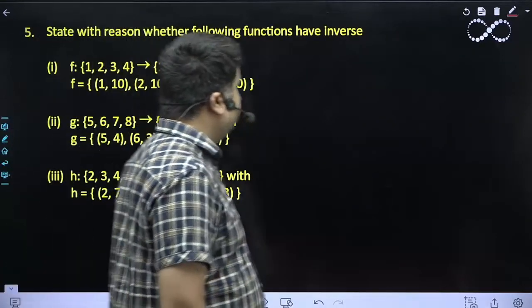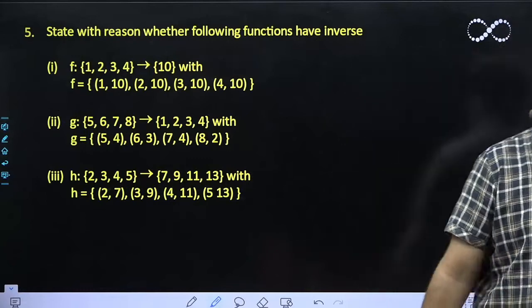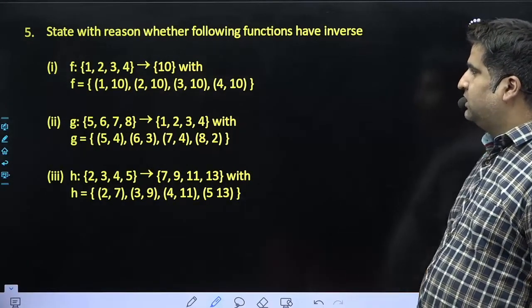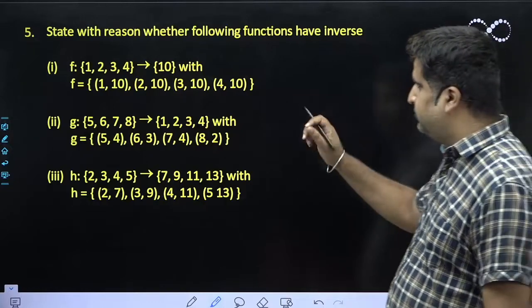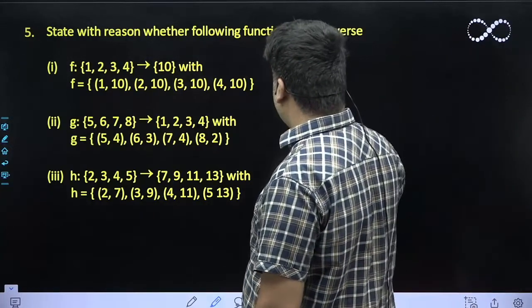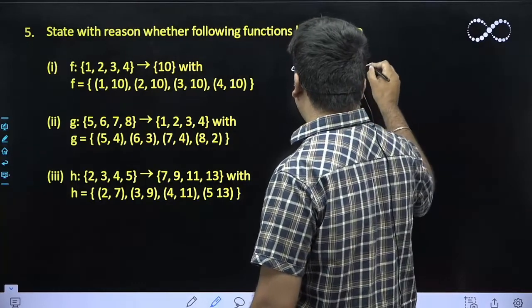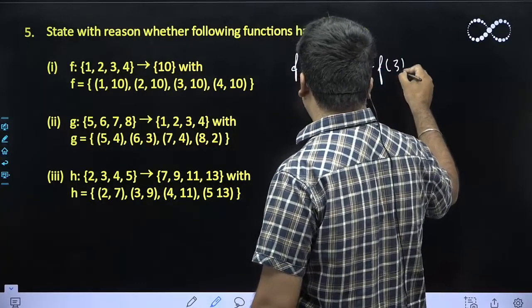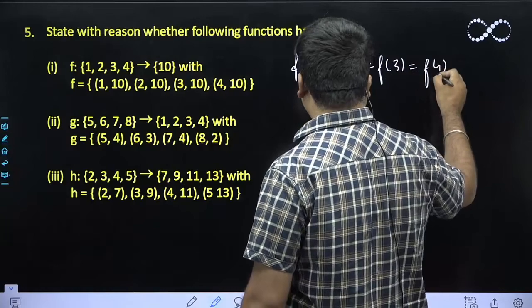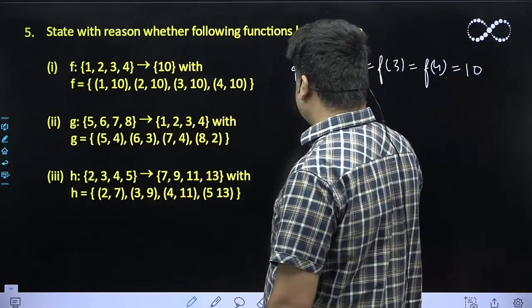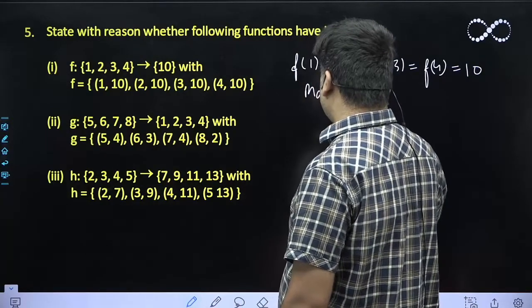So we have to tell with reasons whether the following functions have inverse or not. Okay, we'll start with the first question. In first question, f1 is equal to f2 is equal to f3 is equal to f4 is equal to 10. Therefore, this function becomes many one function.